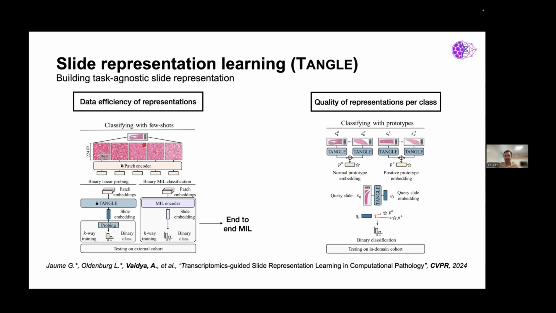And you can think of this as a way to really test the quality of your representations in a non-parametric manner. Because what you're doing is you're taking your representations, making an average of them per class and defining your prototypes. And then at classification time, you're only classifying based on the distance to the prototypes. So there's no parameter involved in this.